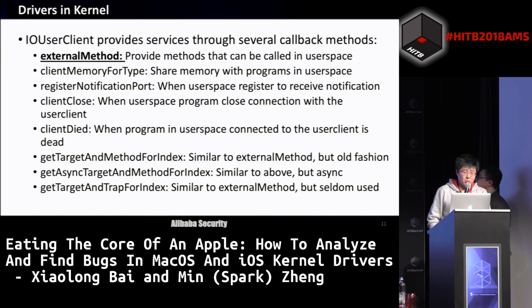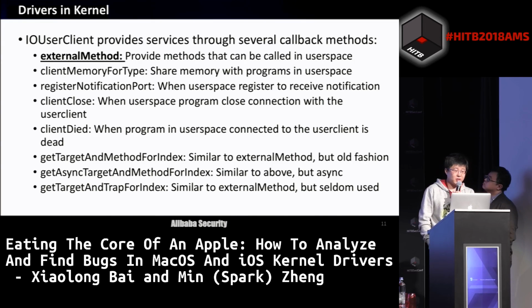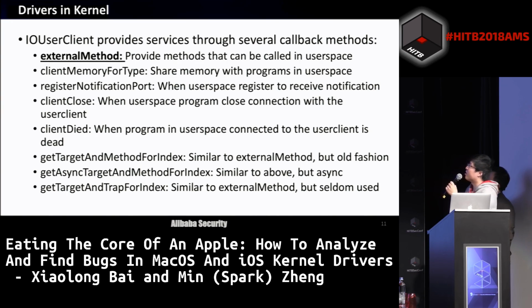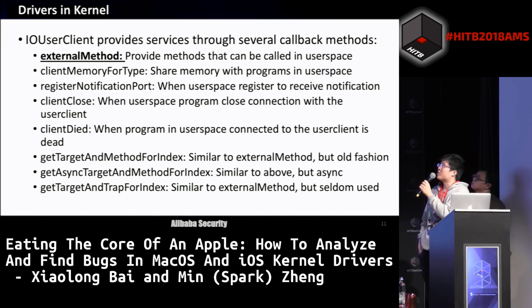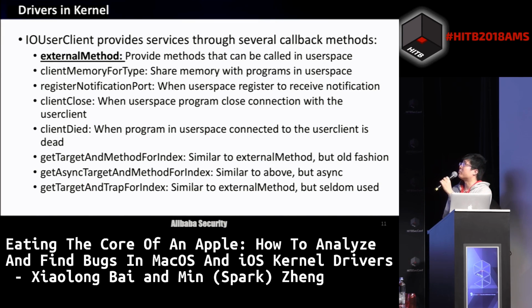In order to implement a user client, you need to implement some callback methods. The most important one is externalMethod, which provides the methods that can be called from user space. You can also use clientMemoryForType to share memory with programs in user space, and registerNotificationPort to register a notification port for the user space program.